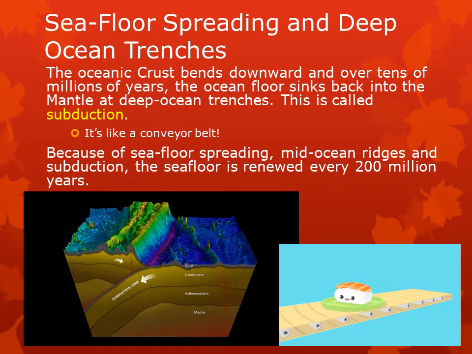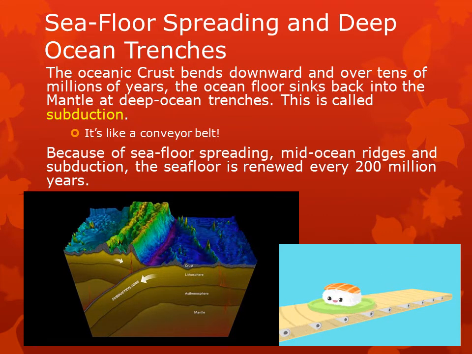Now, if you remember back to our first unit, I said that the oceanic crust is made up of basalt, and the continental crust is made up of granite, primarily. It's because of this. The continental crust is very old. It's much older than the seafloor.